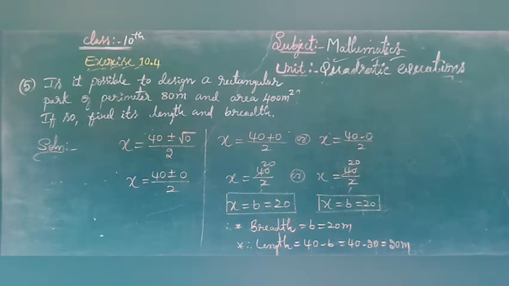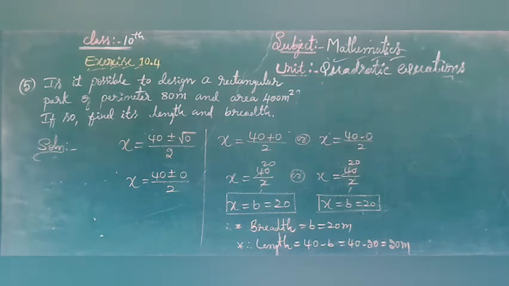Here there are two values, one positive and another negative. So x equals 40 plus 0 by 2, or x equals 40 minus 0 by 2. X equals 40 by 2, which is 20, or x equals 40 minus 0, 40 by 2, which is 20. Therefore x, here x value is B, breadth equals 20.